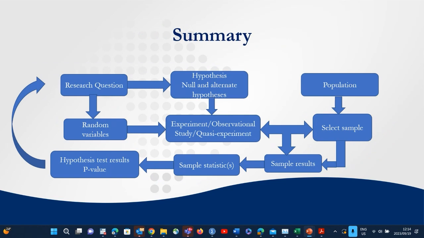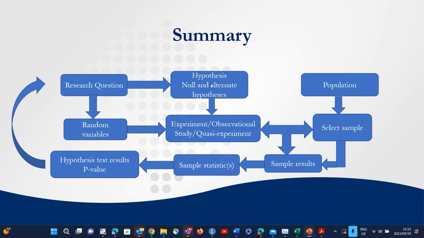So how everything fits together is obviously you start with a research question. And then from it, as I've said, you formulate a null hypothesis and alternate hypothesis. The alternate hypothesis will be what you as a researcher want to show. Then you can take the opposite to make the null hypothesis.